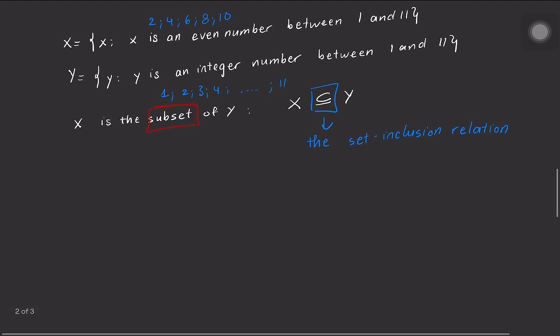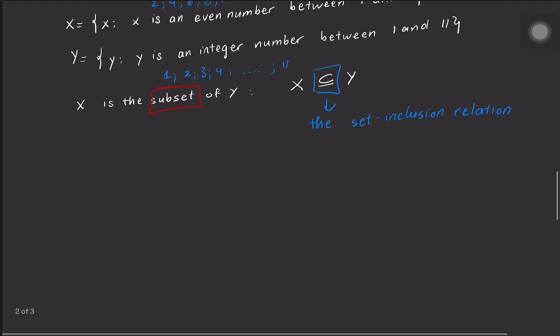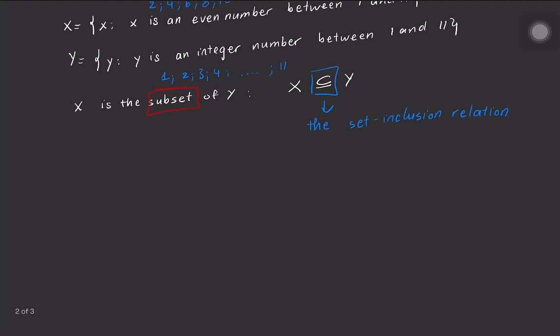But there's another case whereby all the elements of X are in set Y, but not all the elements of Y are in X. Then X can also be understood as a proper subset of Y, where we denote it like this.